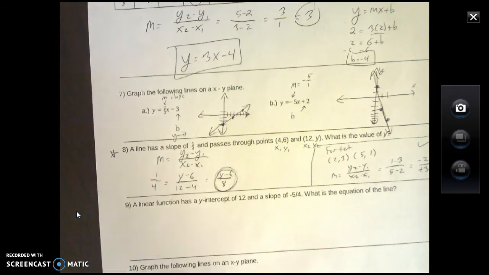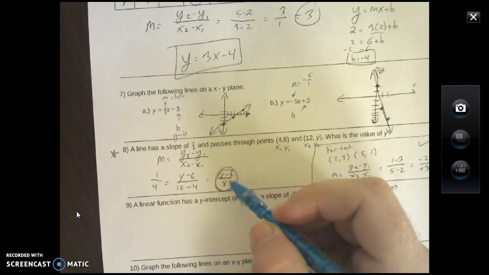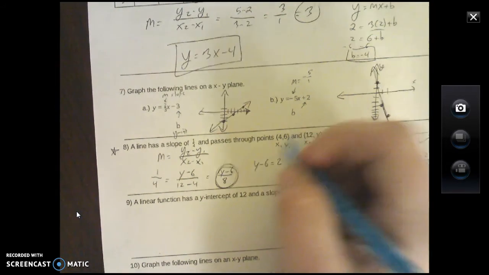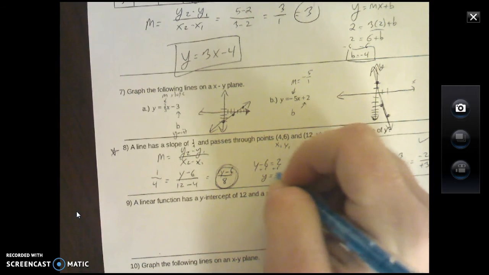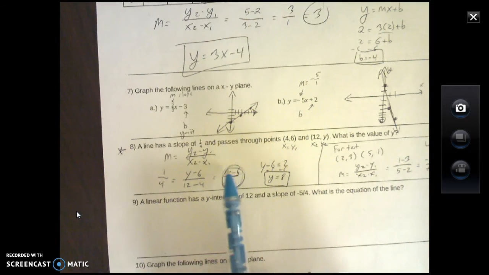I need that to be a 2 on top, because 2 over 8 turns into 1/4. So what value of y makes that equal to 2? Well, add 6 over: y equals 8. Okay, so if we go back over here, 8 minus 6 gives me 2, 2 over 8 gives me 1/4, boom, I've got it.